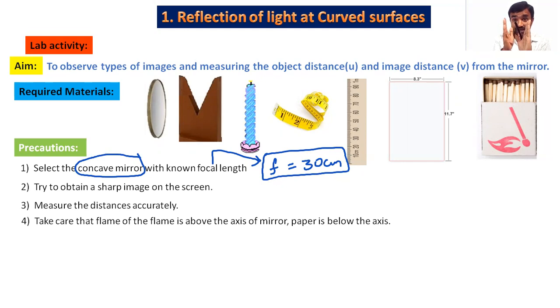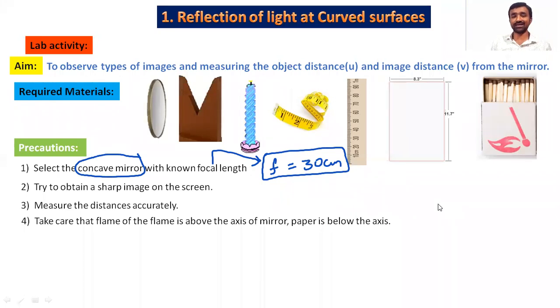This will obstruct the light from the candle, and it will not reach the mirror. That's why we follow this precaution, right? Flame above and screen below, so the screen does not obstruct the light rays. That is why we take this precaution. Then after the precautions, we'll go for the procedure.